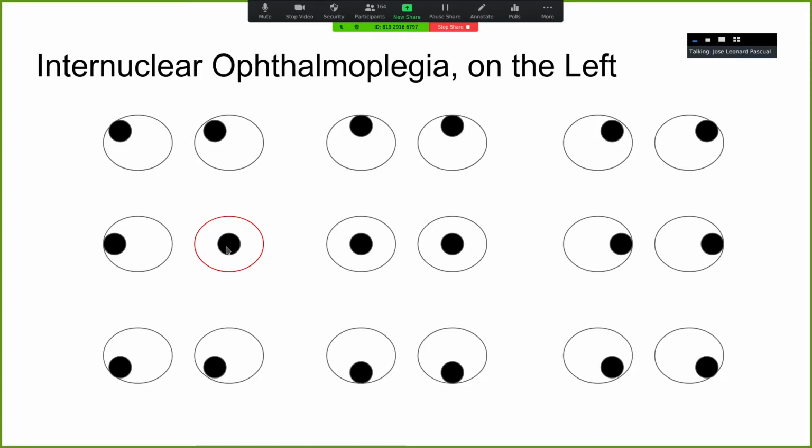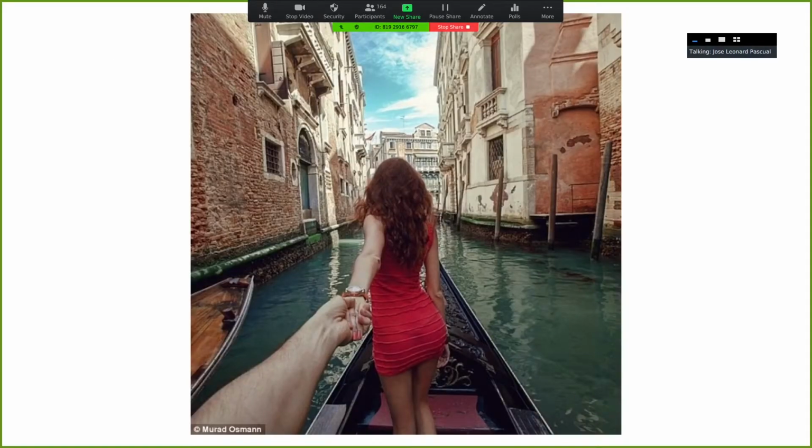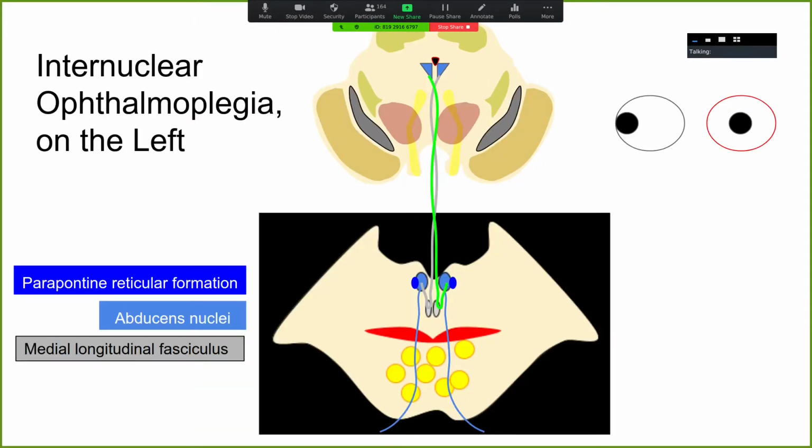An internuclear ophthalmoplegia on that side. So this is just a review. It's a problem in the MLF if the patient is unable to follow. So it's an MLF problem.